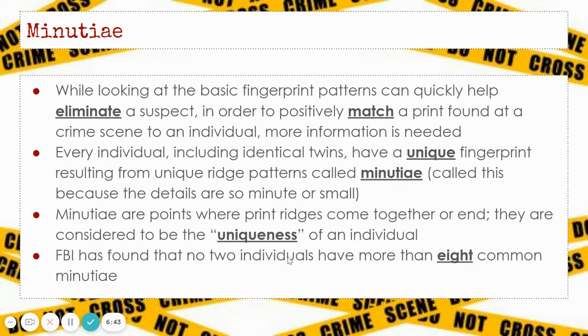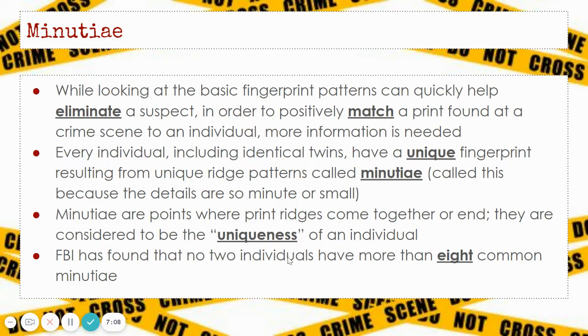All right, so in addition to the main ridge pattern, we can also identify what we call minutia. While looking at the basic fingerprint patterns can quickly help to eliminate a suspect, in order to positively match a print found at a crime scene to a specific individual, we need to have more information. Every individual, including identical twins, has a unique fingerprint resulting from the unique ridge patterns, which are called minutia.